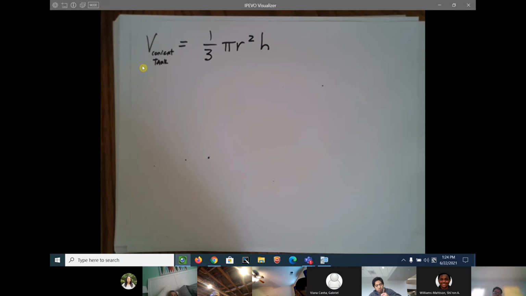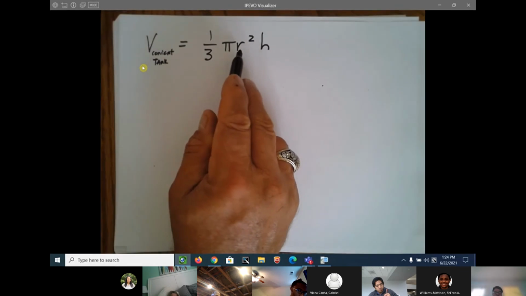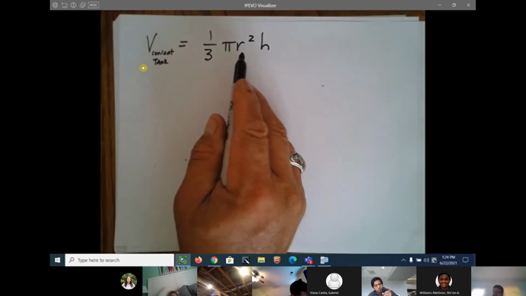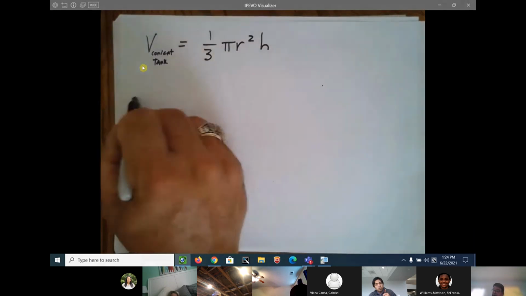You might want to simplify it a little bit because r is h over 2, so plug that in so everything is in terms of h.